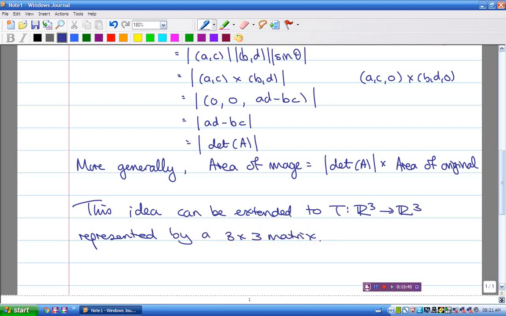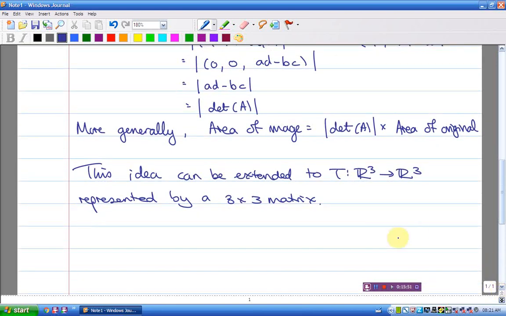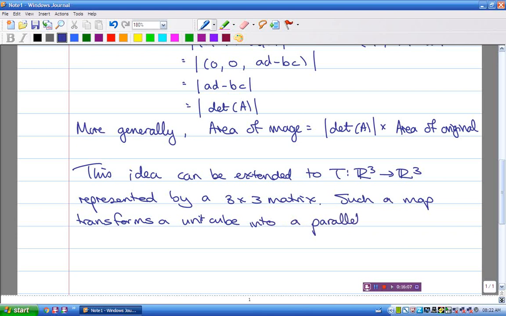Okay, but you had a hand up over there. Are you fine? Okay. Such a map transforms a unit cube into a parallelepiped.